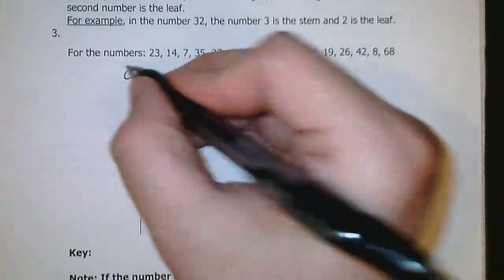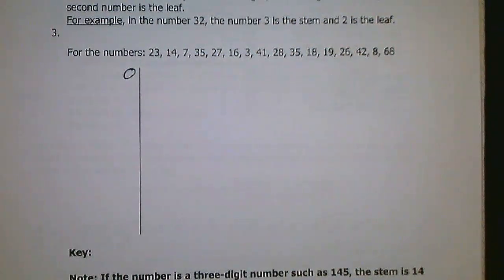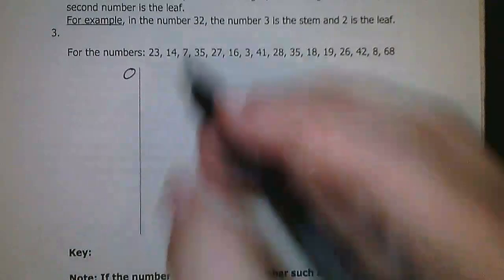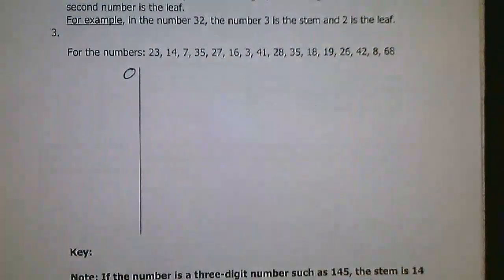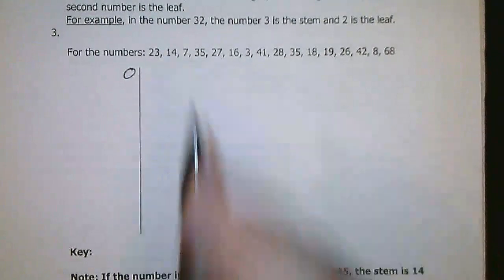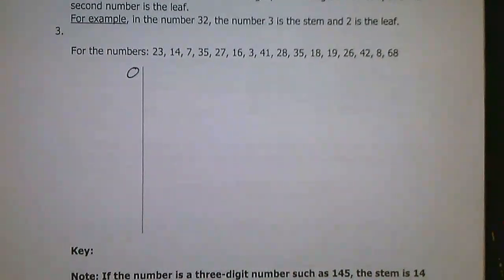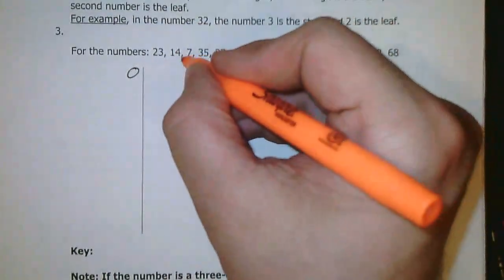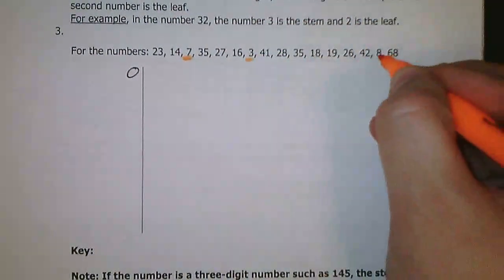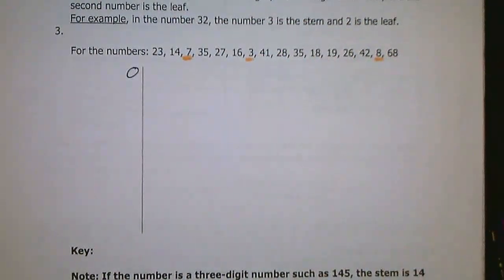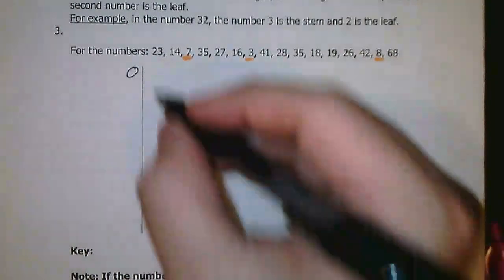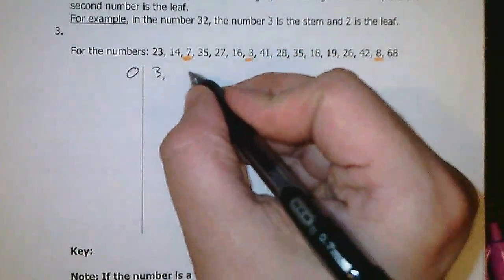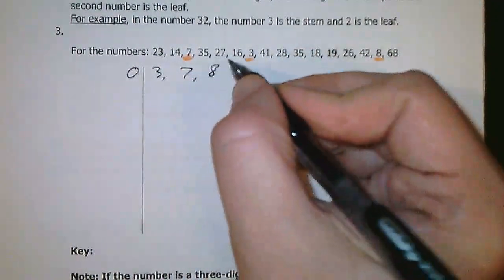Well, then the stem is a 0. And then we do want to go from least to greatest here. So what are our one-digit numbers? 7, 3, and 8. So we have 3, 7, and 8.